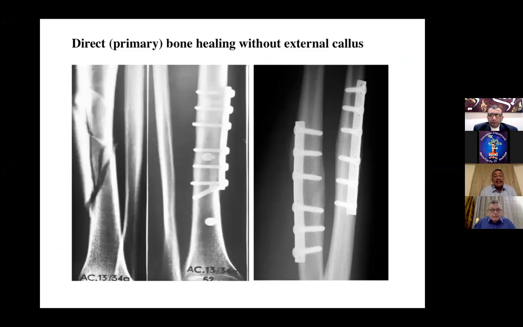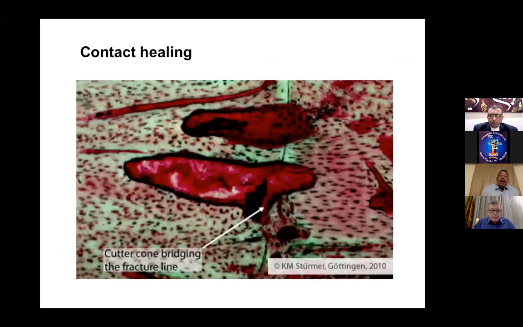And you will get healing of the bone like this without any callus formation. We have two types in this aspect of bone healing. You have what's called contact healing, when there is no gap between the fracture fragments. This will absolutely facilitate the bridging of the cutter cone across the fracture line, as we can see here.